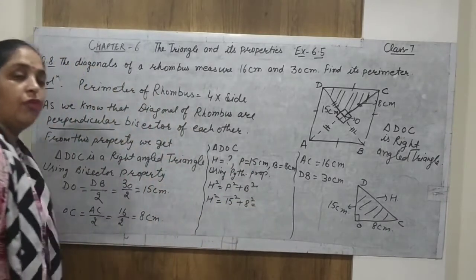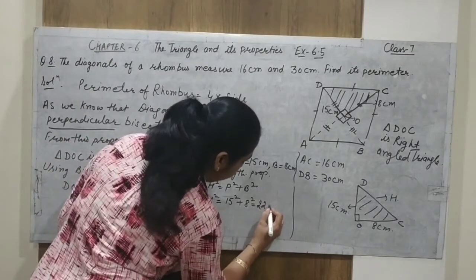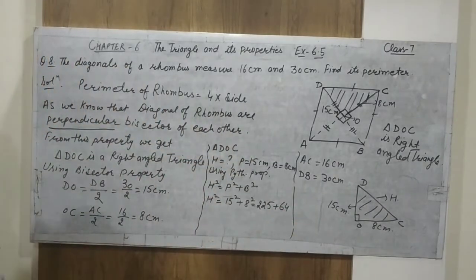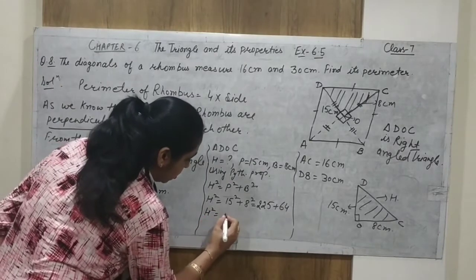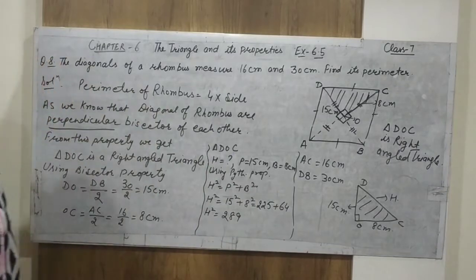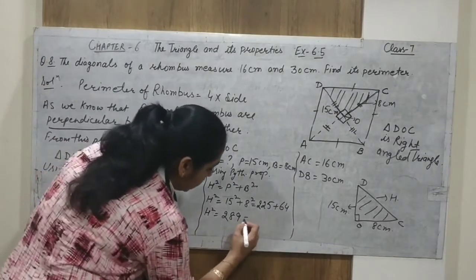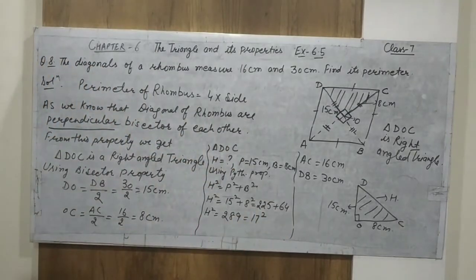What is the value of 15 square? We get 225 plus 64. Yes or no? Now H square is equal to 289. And 289 is a perfect square of 17. It is 17 square.